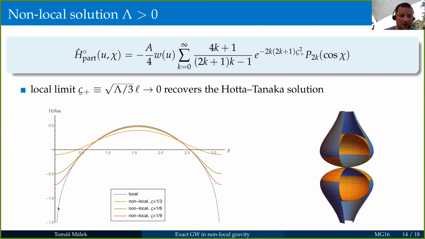Again, here the blue dashed line corresponds to the local solution, which diverges at the locations of the sources, at phi equals 0 and phi equals pi, and there are several examples of non-local solutions, and they are finite at the locations of the sources.